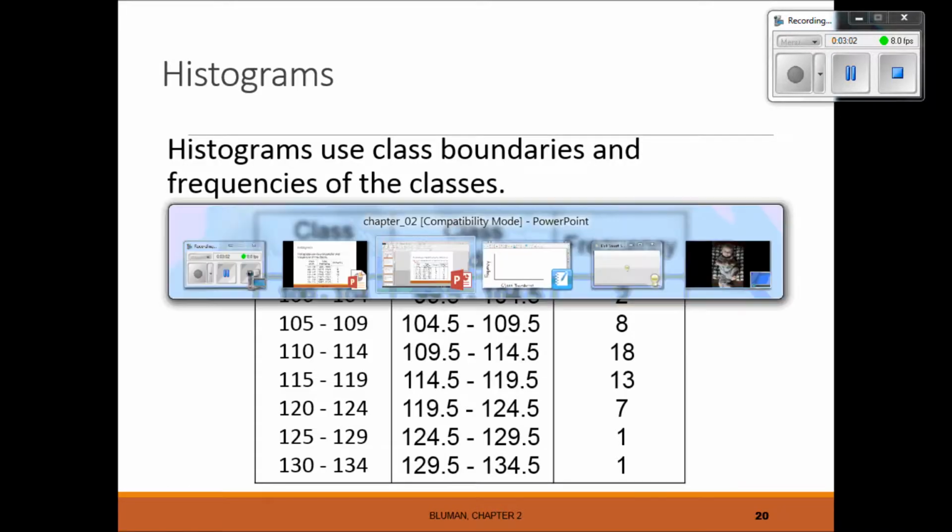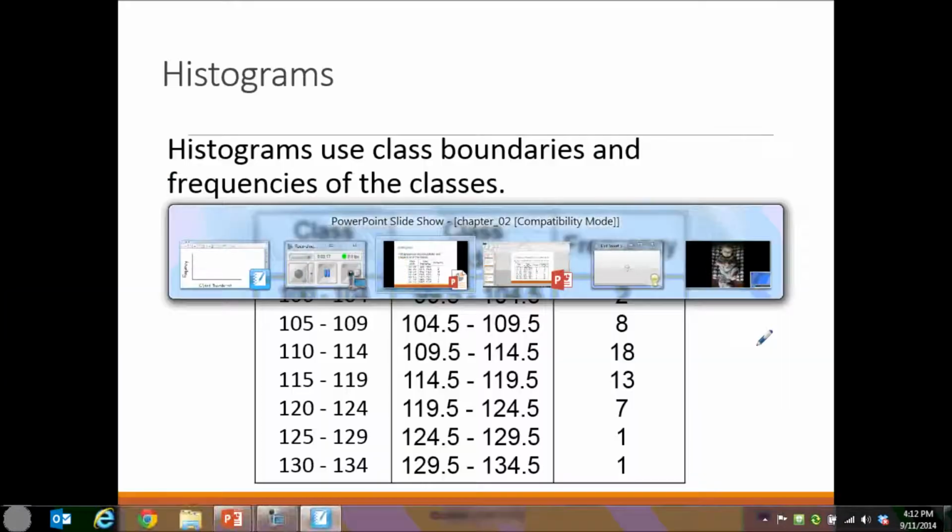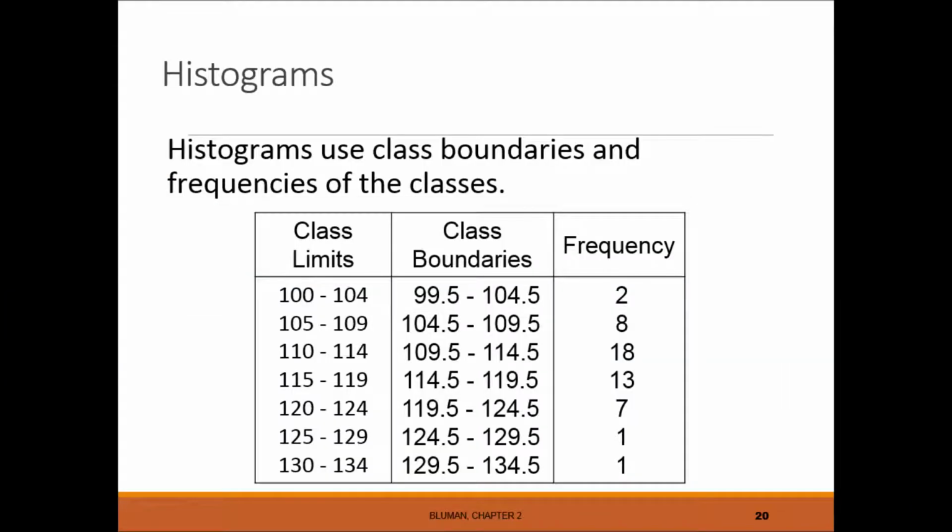So we will use, I have this already set up, and our class boundaries, remember, obviously we want to start at our low, which is 99.5.